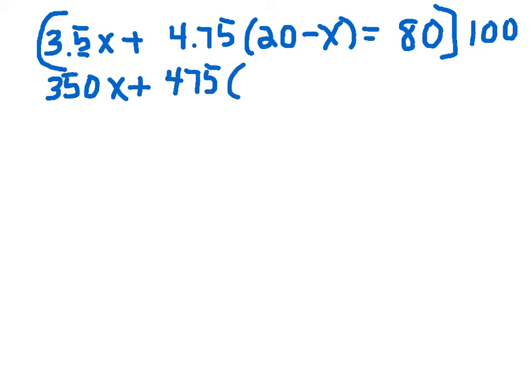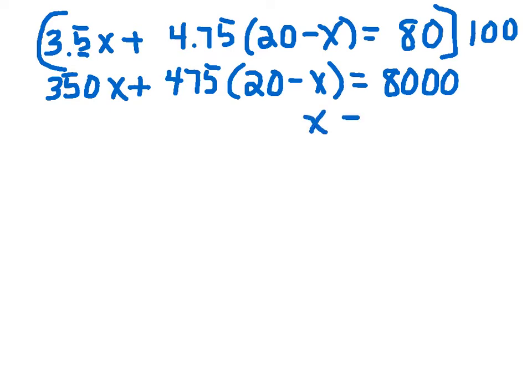It is my experience that people make fewer mistakes when they get rid of the decimals. And don't forget, whatever you do to one side, you have to do to the other. The rest you know how to do. I'm going to tell you that it comes out to x equaling 12.